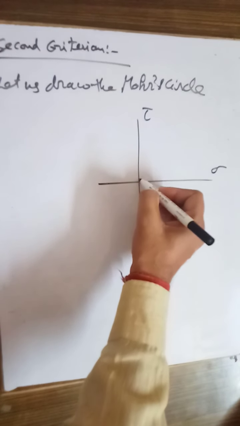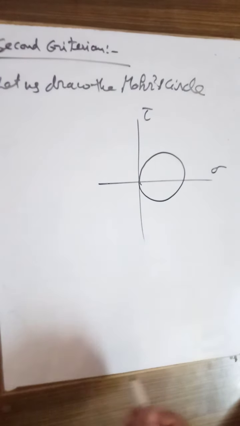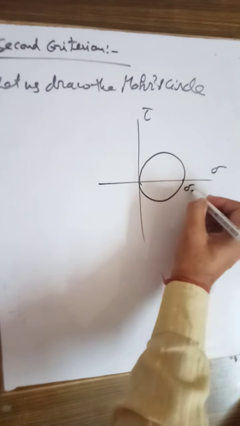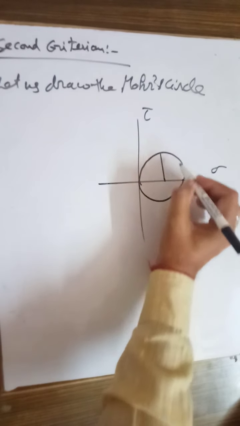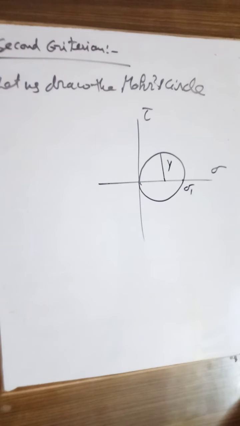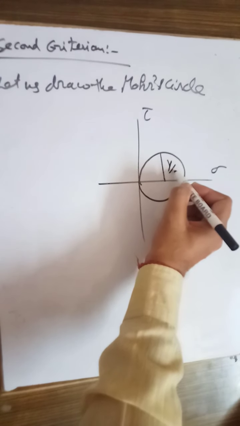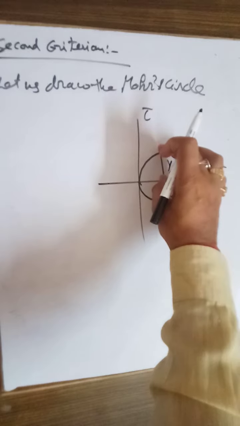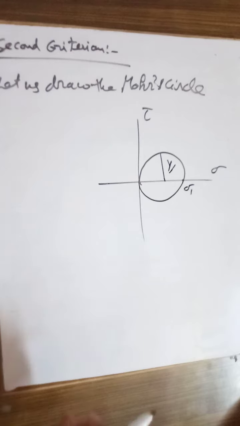This point will represent the sigma 1, and the maximum shear stress can be represented by, if this is y, the radius of this Mohr circle is y by 2. This is the maximum shear stress.